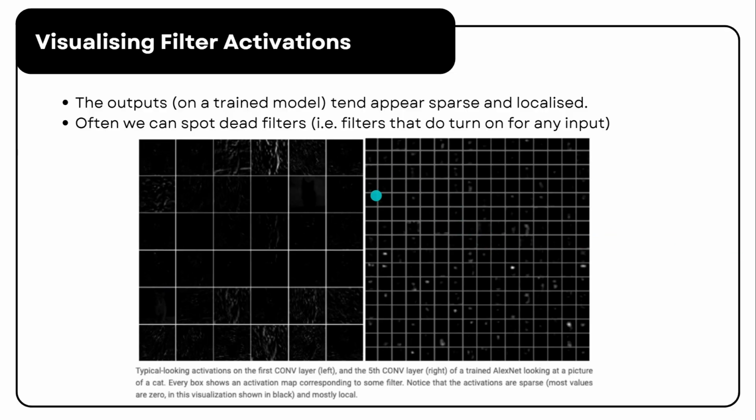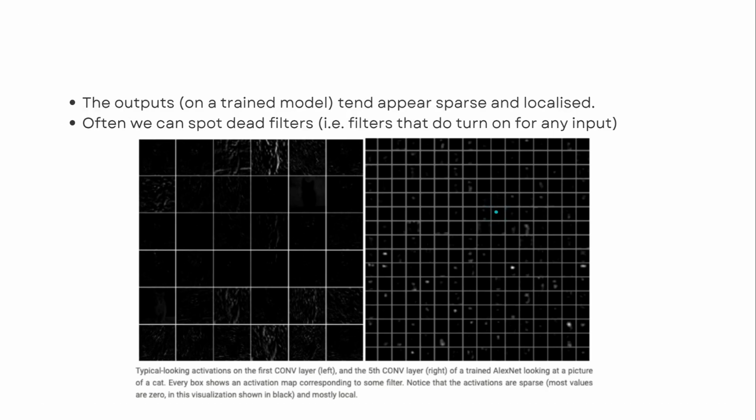Visualizing filter activations like this is useful not just for understanding what the network has learned, but also for debugging. Dead filters, for example, just add unnecessary complexity without contributing to performance.